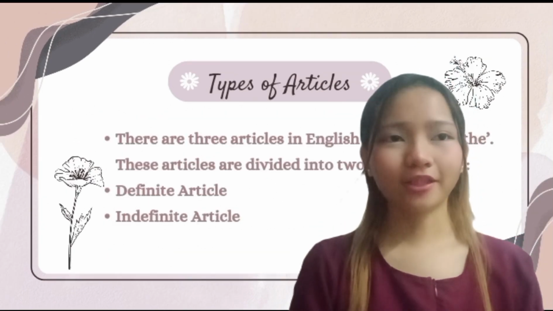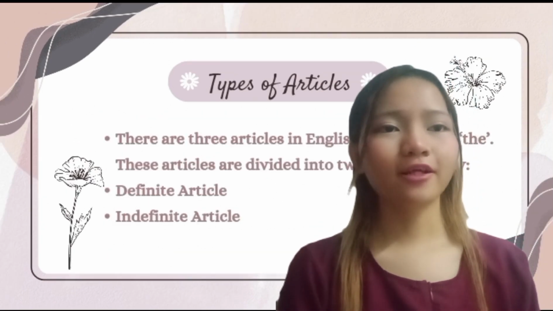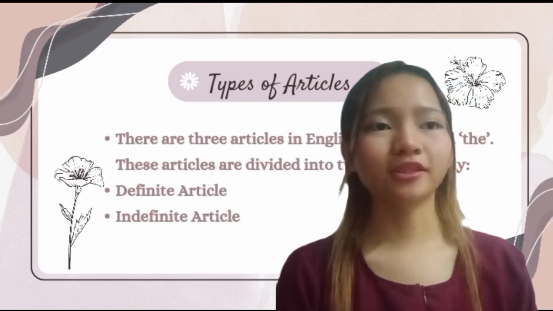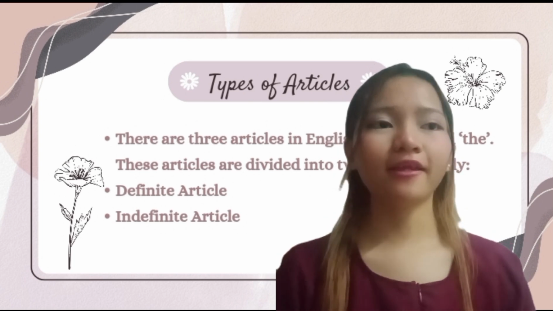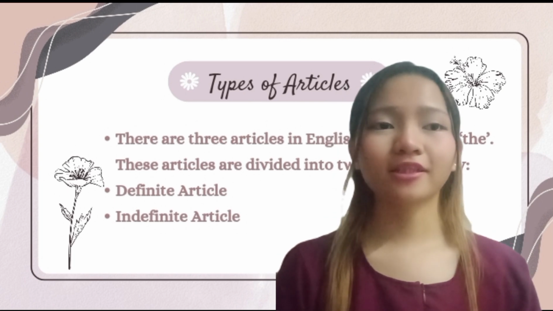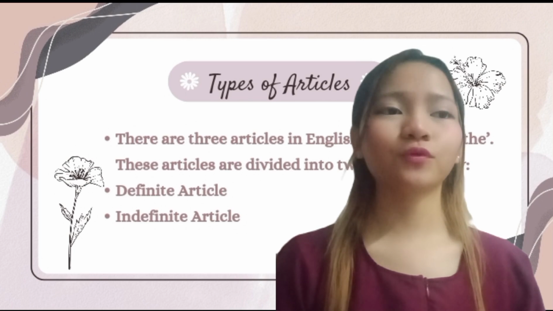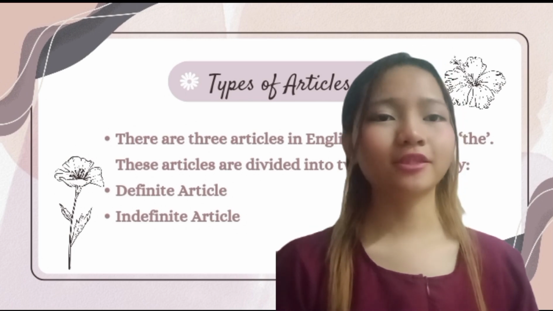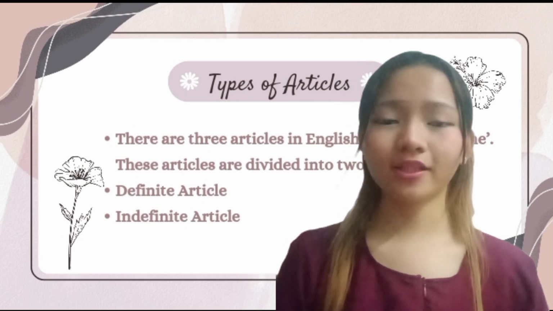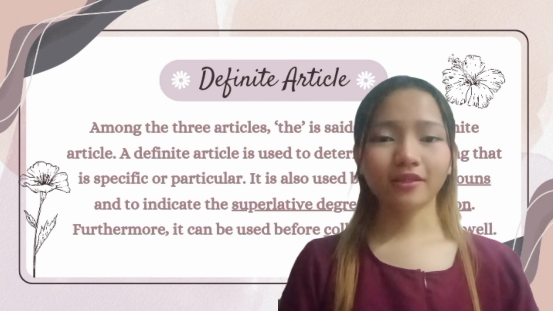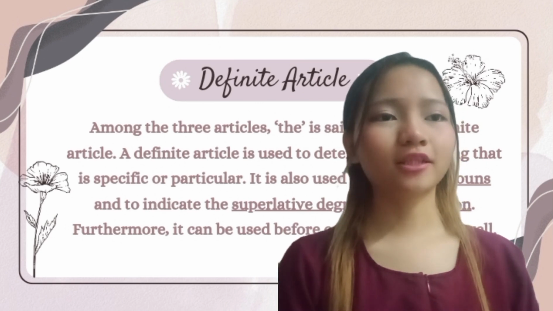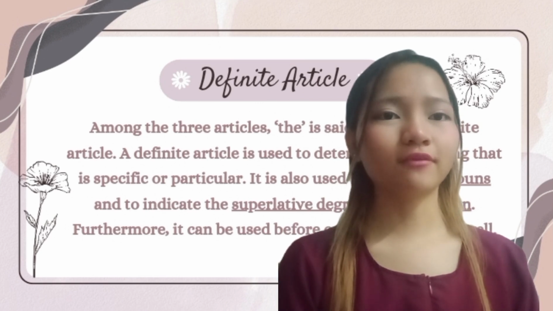The types of articles that we have. There are three articles in English, such as a, an, and the. These articles are divided into two types, namely definite article and indefinite article. The definite article is the one among the three that is said to be definite.